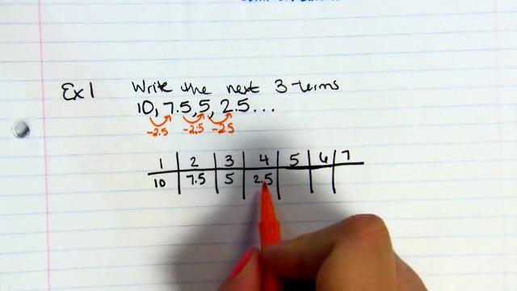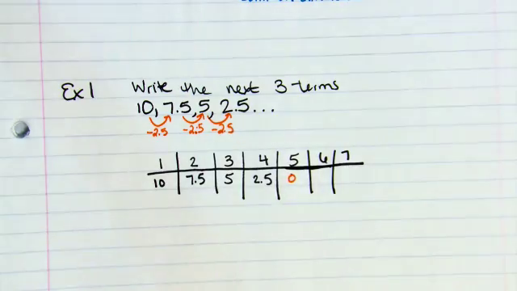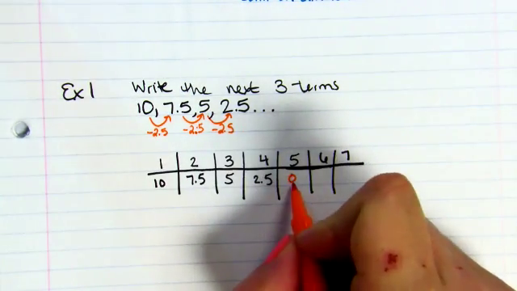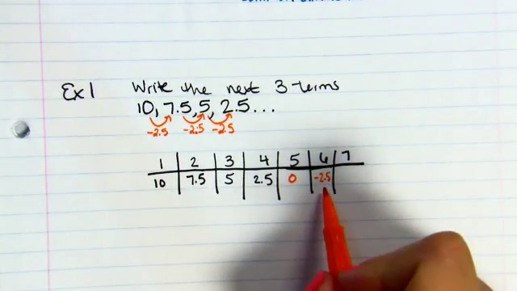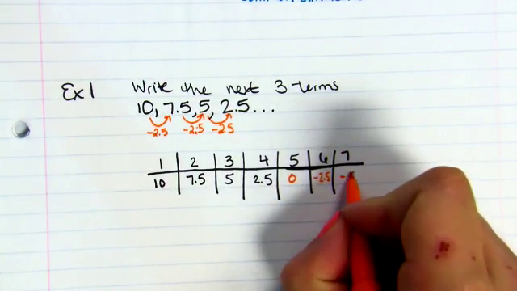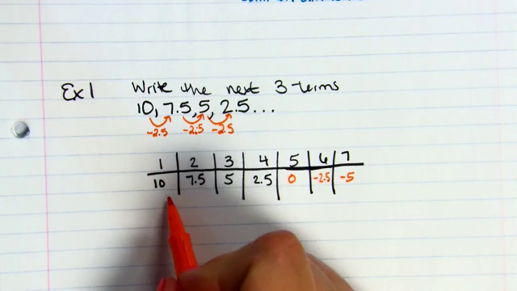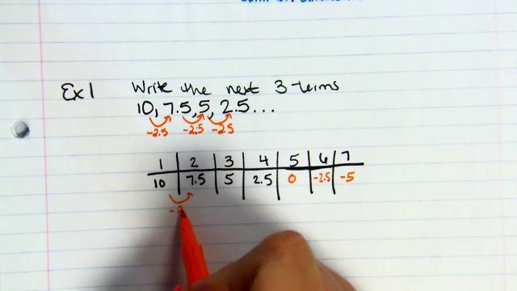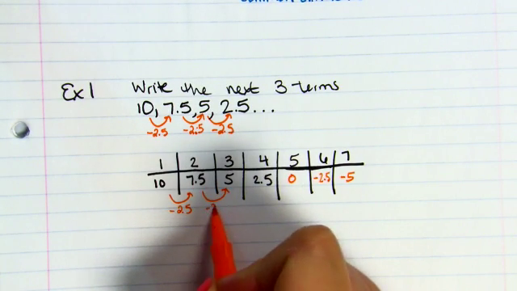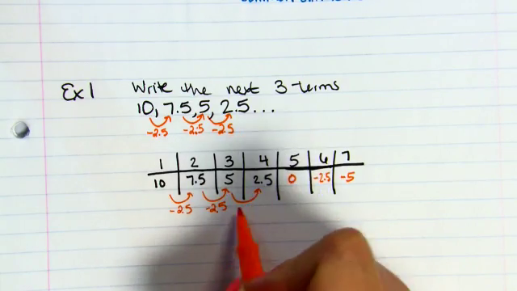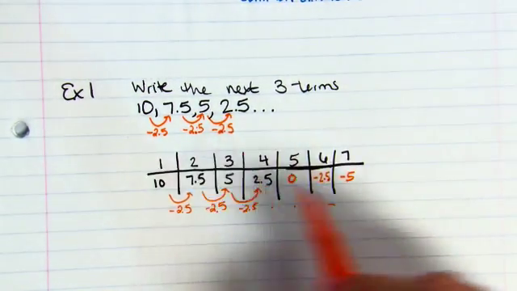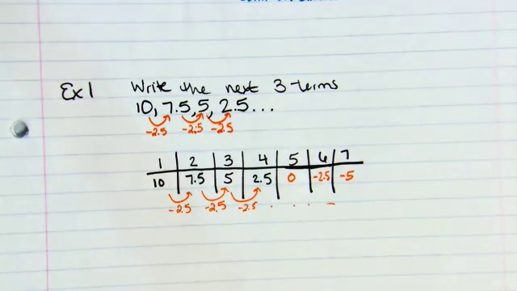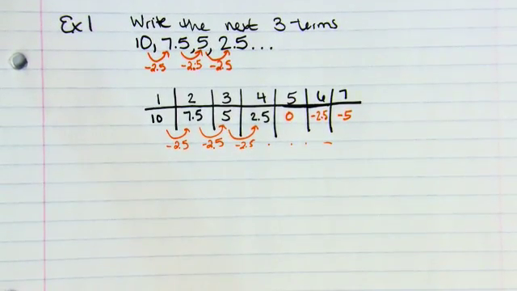If I subtract 2.5 from 2.5, I get 0. If I subtract 2.5 from 0, I get negative 2.5. And if I subtract 2.5 from that, I get negative 5. For every single change in term, I'm subtracting 2.5. And that goes all the way down. I could keep going forever. There's no end to this sequence. So that's how we're going to write the next 3 terms of a sequence.